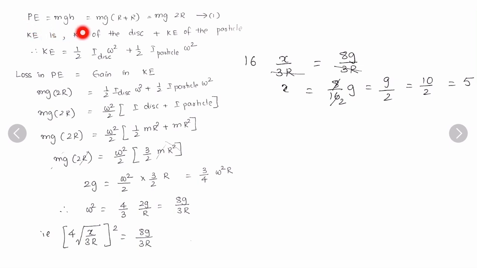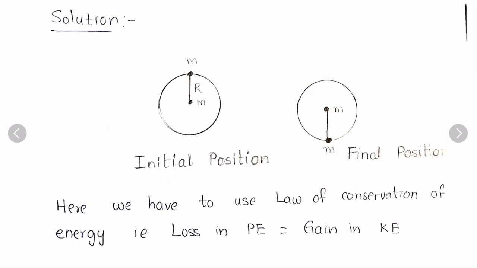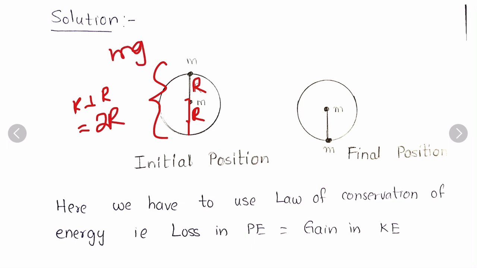We all know mg, and r plus r. You can see this is r and from here to here again r. So the total height is r plus r, which is 2r. So in place of h we are taking 2r.